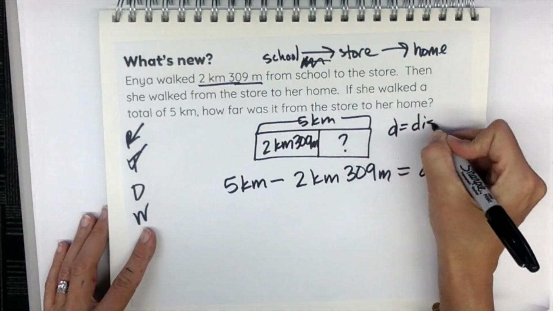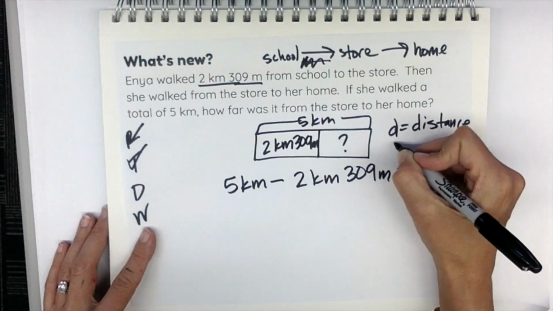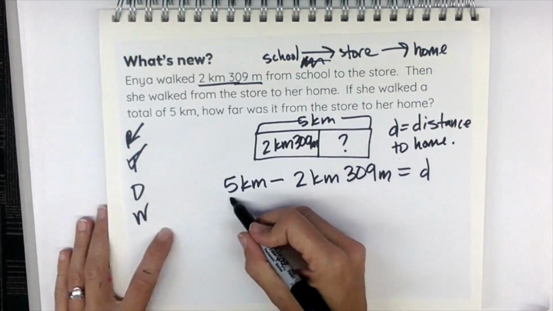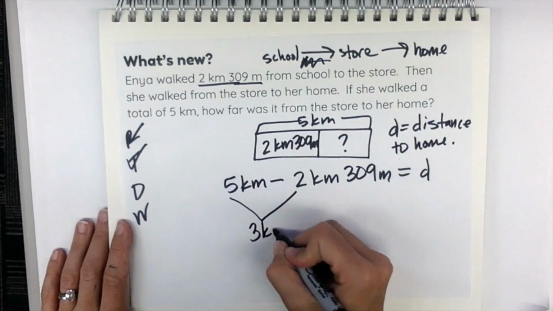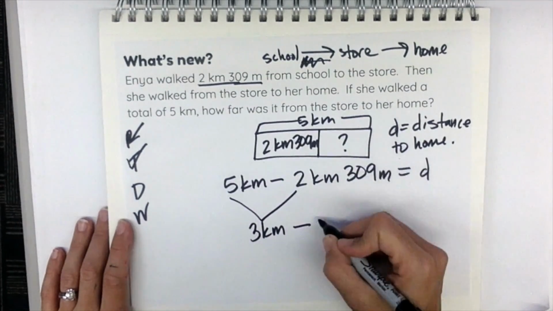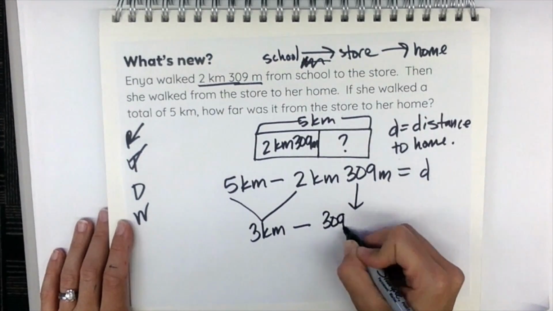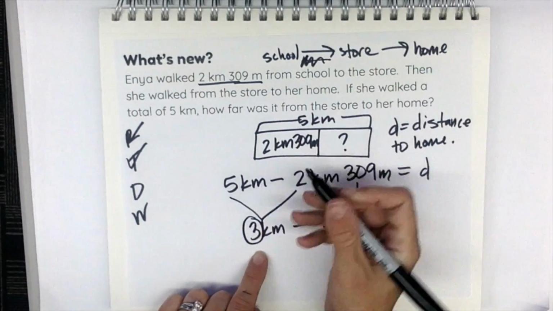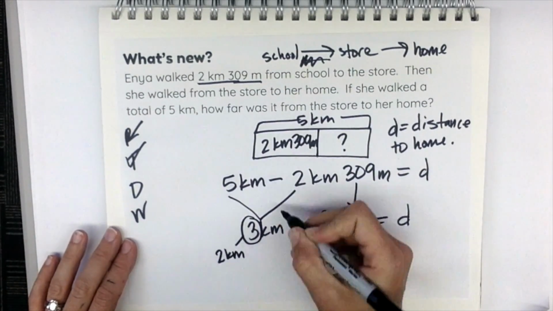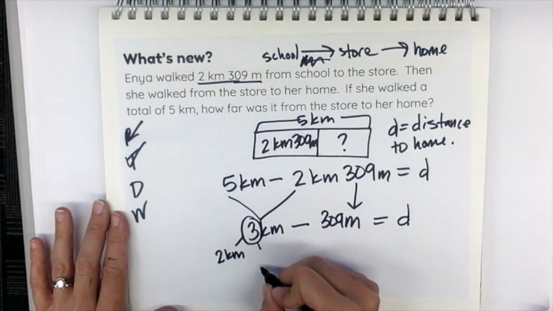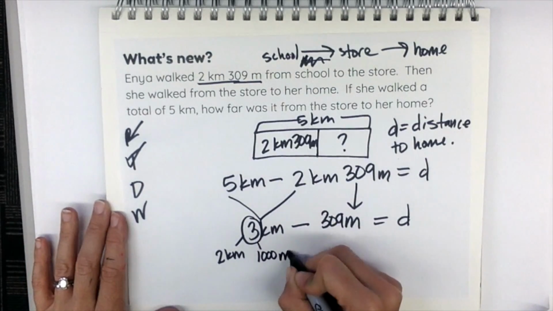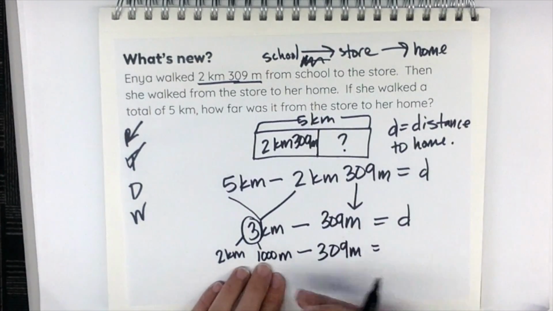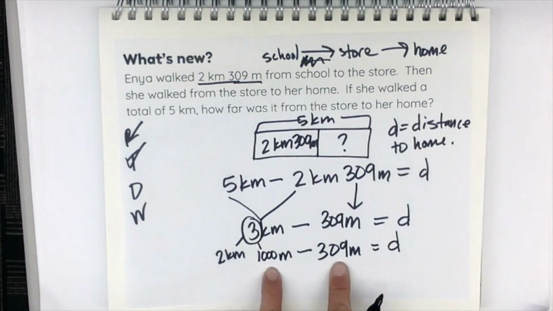D equals distance to home. Okay, so I'm going to do my kilometers first, 3 kilometers, and now I'm left with my 309 meters equals D. Now inside of 3 kilometers is 2 kilometers and another kilometer, which is equal to 1,000 meters minus 309 meters. Now I've converted that to meters and now I can do my subtraction because the units are the same.